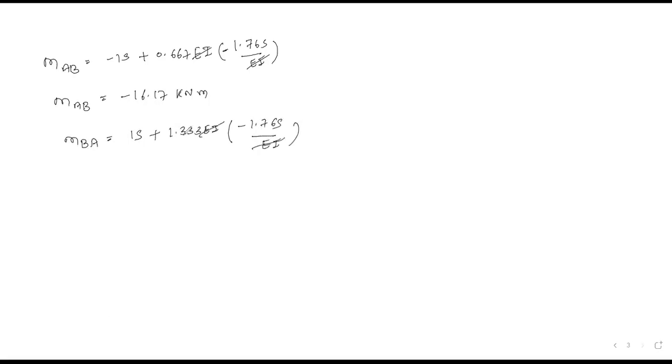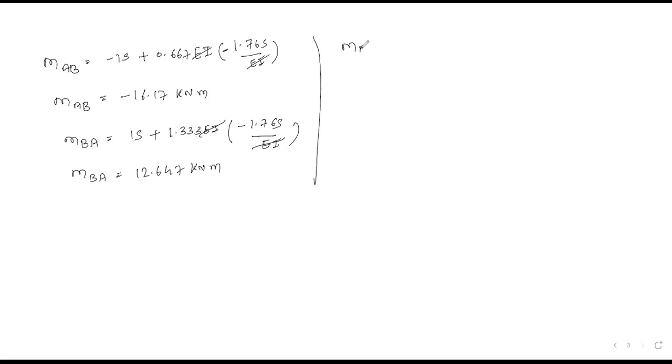Again, EI cancels out, so we will get MBA: 15 minus 1.333 multiplied by 1.765. So we will get 12.647. Okay, plus 12.647 kilonewton meter.